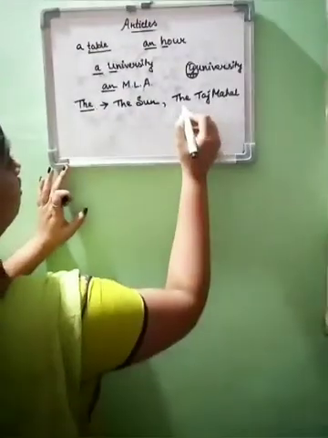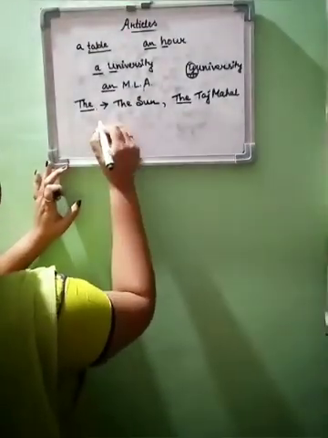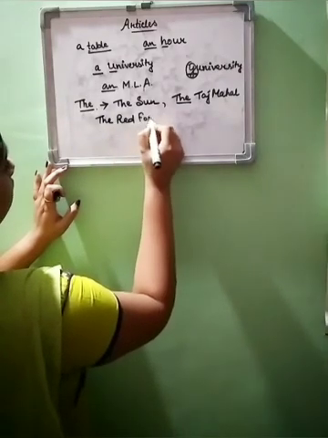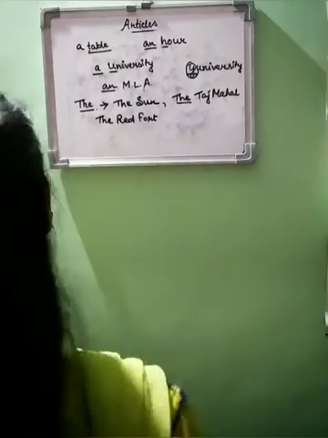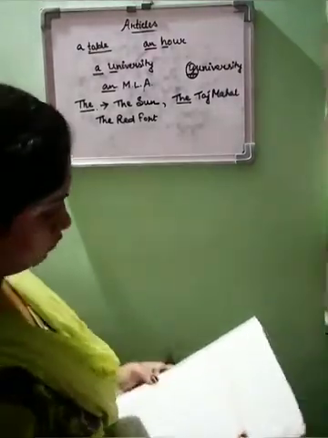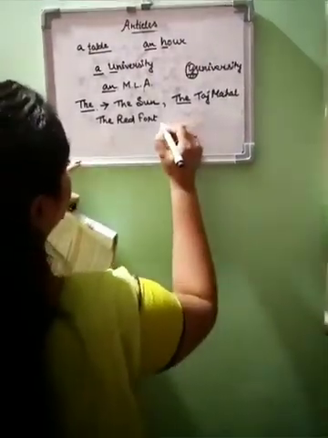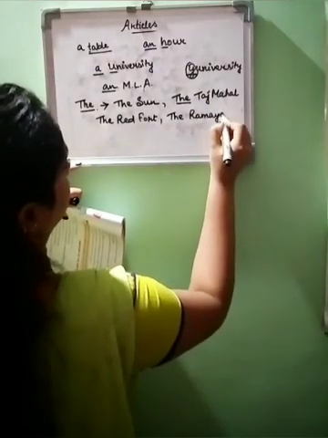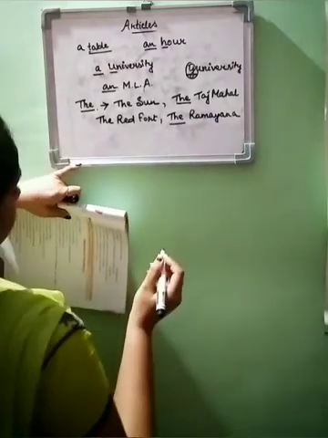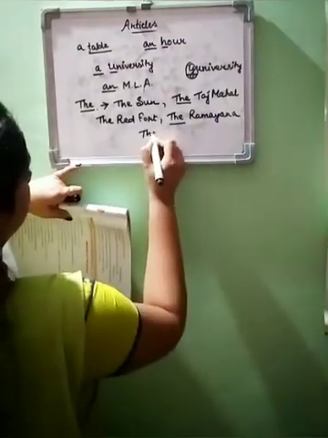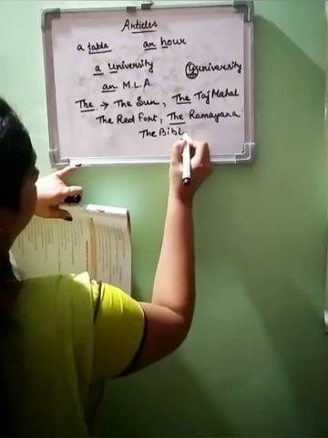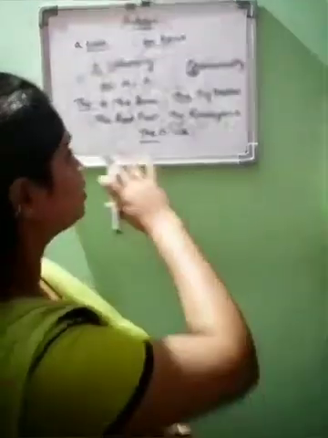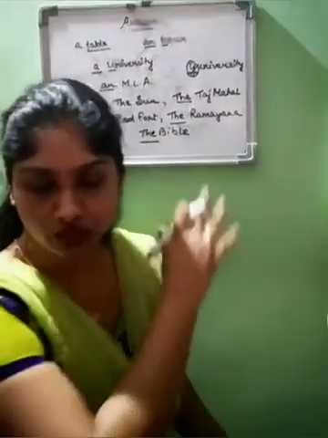That's why we use the Taj Mahal. Then the Red Fort, the Ramayana, the Bible, in this way. These are examples of definite things. There is no substitute for all this.